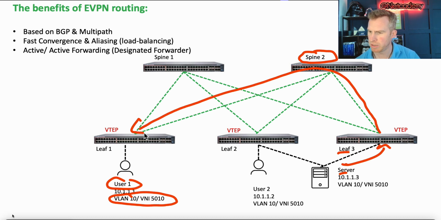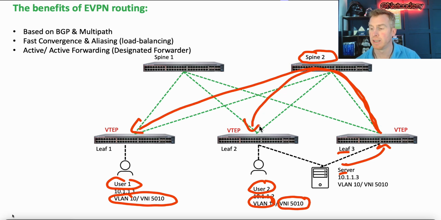But note the interesting thing here: user 2 is also in VLAN 10 and also in VNI 5010. And as such, leaf 3 will also, because it's BUM traffic, send that traffic through leaf 2 via spine 2.